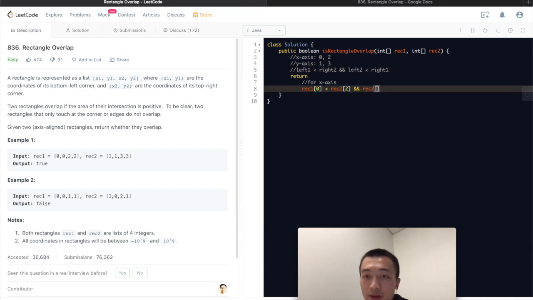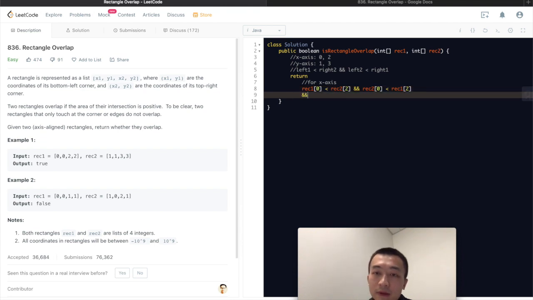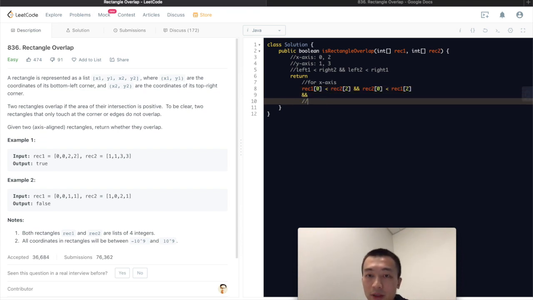Left 2 is going to be 2, needs to be smaller than right 1, which is rec1's 2. Right side is going to be the second one, and left side is the point at index 0. Let's write it this way to make it more readable, to know what we're doing. This is the condition for the x-axis.